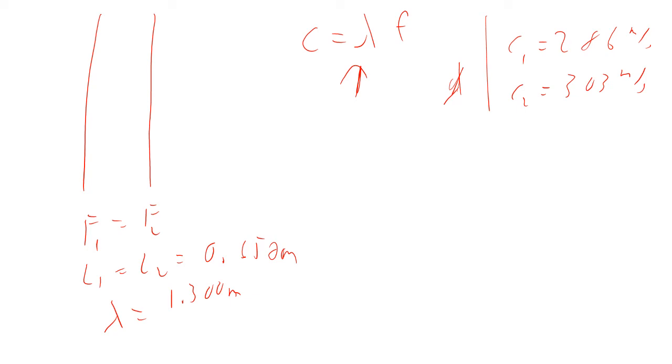But I can have a different thickness wire. So if they have the same tension, they do not have to have the same mu. And so again, c squared equals f over mu. So I could then say, therefore, that c1 squared equals f over mu1, c2 squared equals f over mu2.